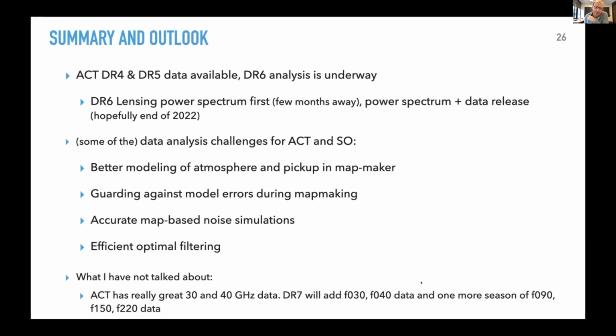Then I talked about some of the challenges I've listed here. And finally, the thing I've not talked about is that we also have this really great 30 and 40 gigahertz data that will be released later on in what we'll call DR7. I'm running out of time, so I'll leave it at that, and thank you.